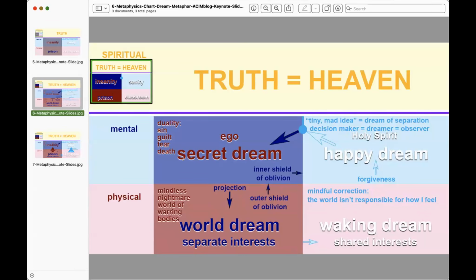And then that blue dot starts to let more cracks of light through the wall, and we start getting more glimpses of the idea that we could be peaceful all the time. And then what lies beyond that in that yellow section at the top, we don't really know, but we're drawn to it because that ineffable truth is our real identity.